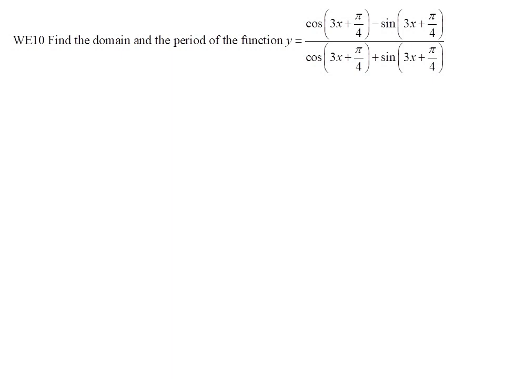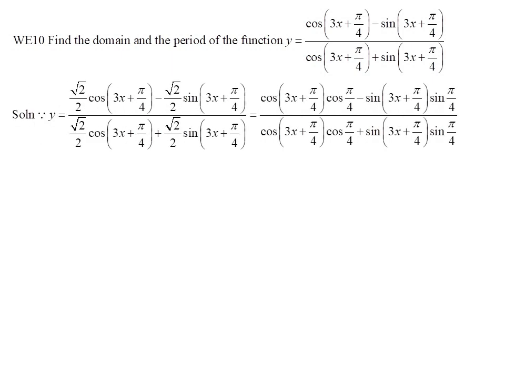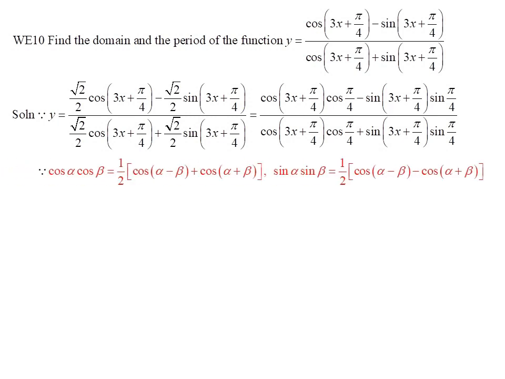As for the first approach, the initial step is to multiply square root 2 over 2 on both numerator and denominator. Since square root 2 over 2 can be written as sine pi over 4 or cosine pi over 4, every term in both numerator and denominator can be transformed by applying the product to sum formula, as shown in red here.